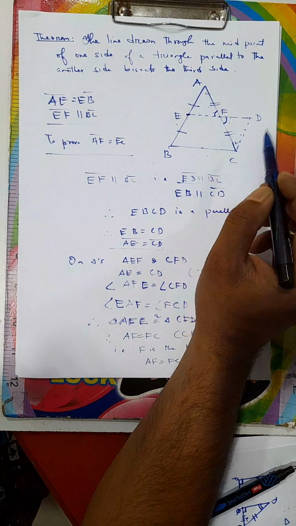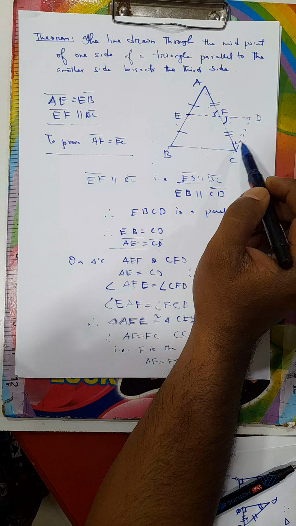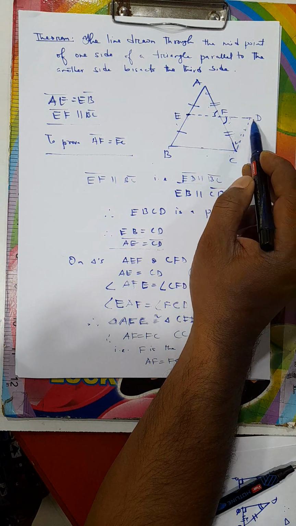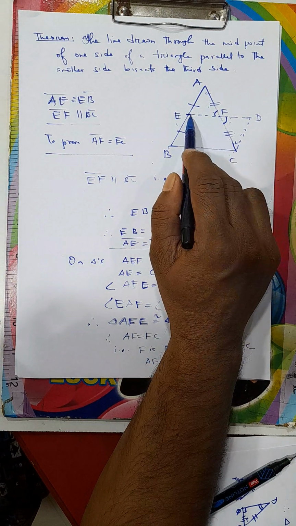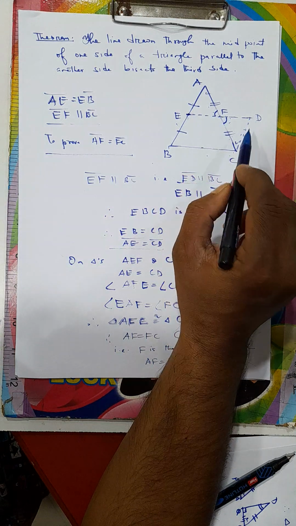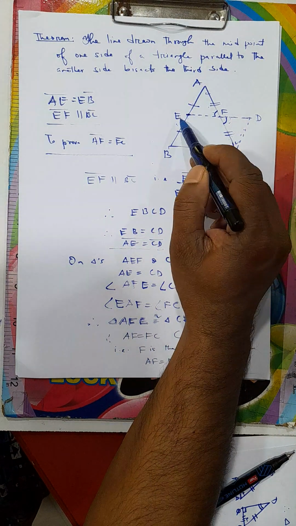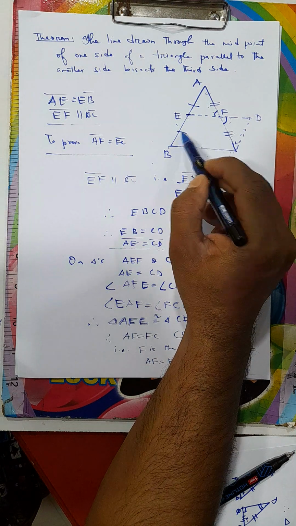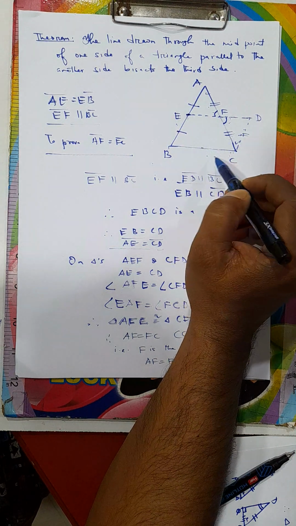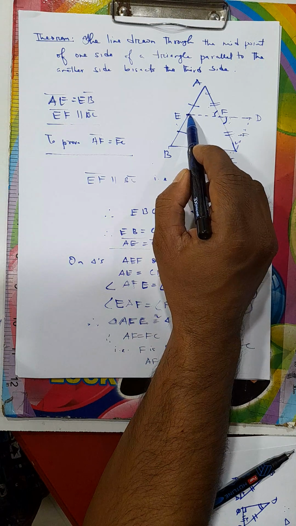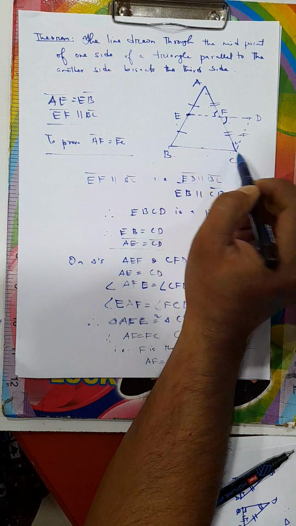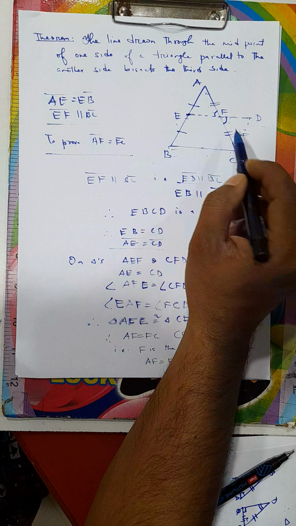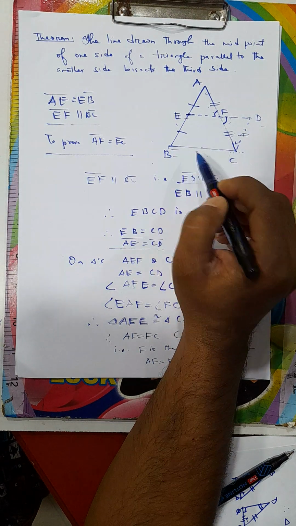So to prove this, we draw a line parallel to AB from C, which intersects extended EF at D. Now EBCD is a parallelogram. Since this line is parallel to this line, again by given condition EF parallel to BC means ED parallel to BC. So EBCD is a parallelogram.